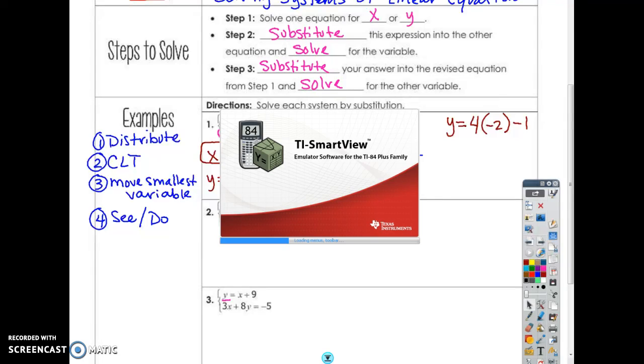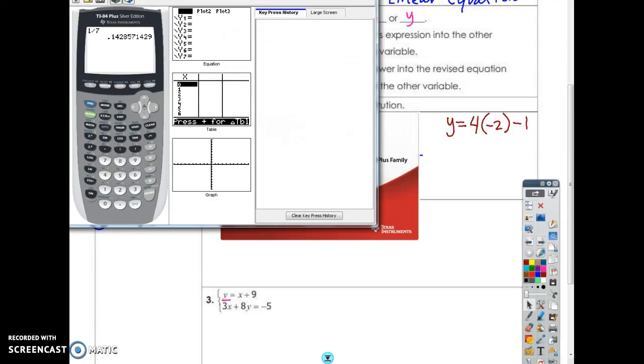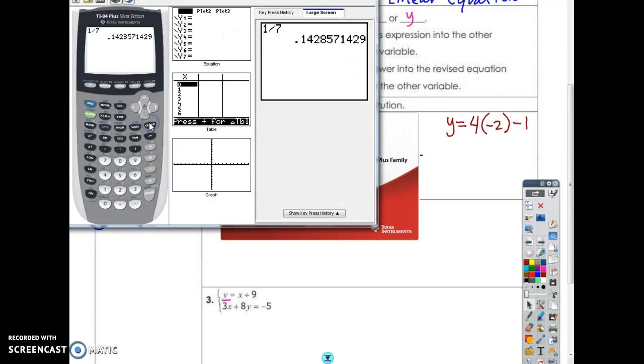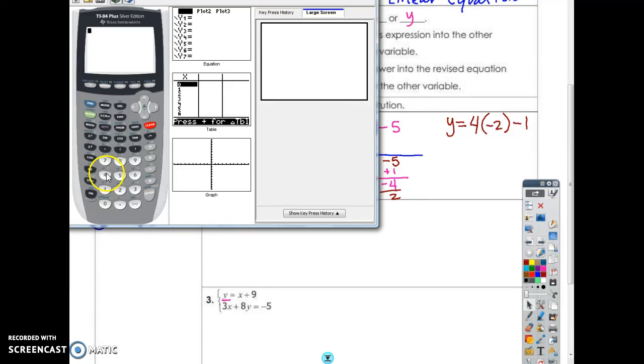So let me open up my calculator. So right here, I'm going to put 4 parentheses negative 2 close parentheses minus 1. Enter. Okay, it gives you a negative 9.